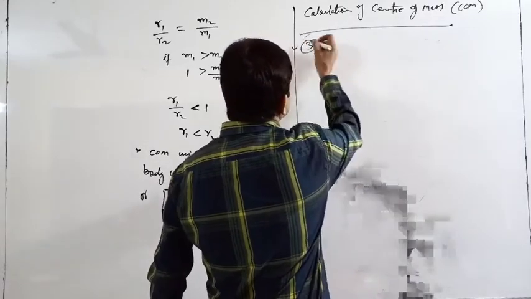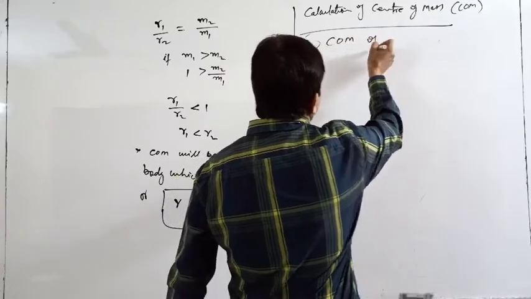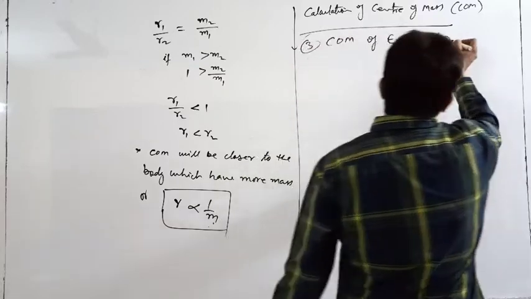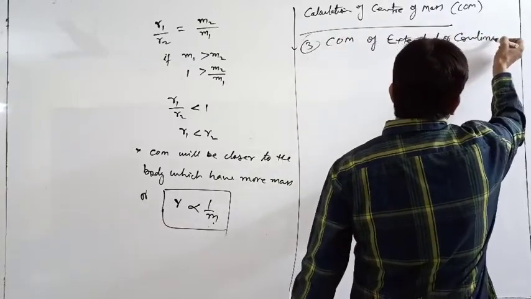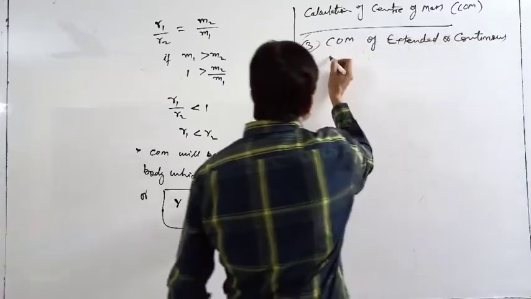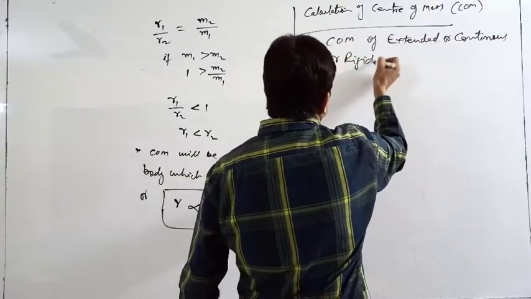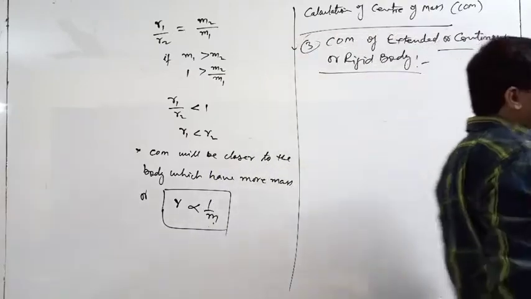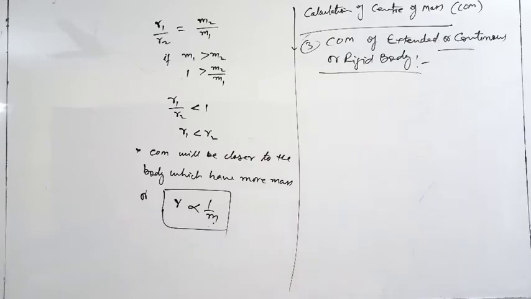Third point, center of mass of extended, or we can say continuous body, continuous or rigid body. All are the same name. Center of mass of extended or continuous or rigid body. It means, in fact, we are going to calculate center of mass of our practical bodies.